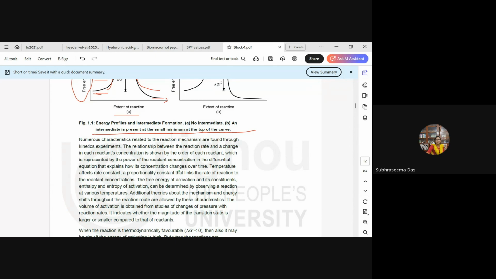And also it has been established that when we increase the temperature of a reaction by 10 degrees, then the rate constant almost doubles. So thus we can see temperature is also an important factor that affects the rate of this substitution reaction.